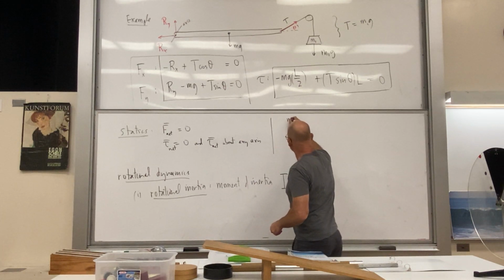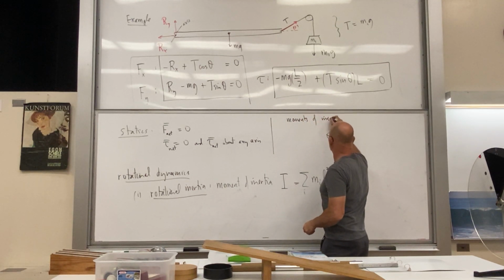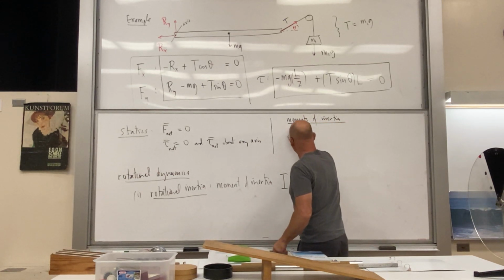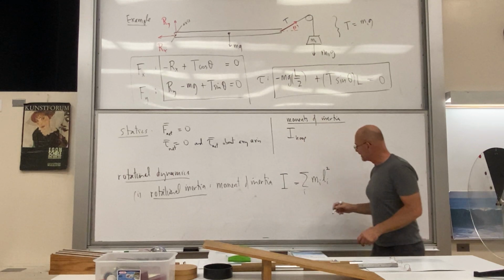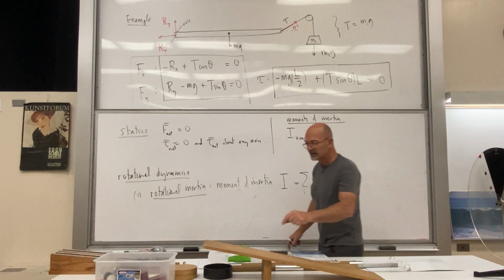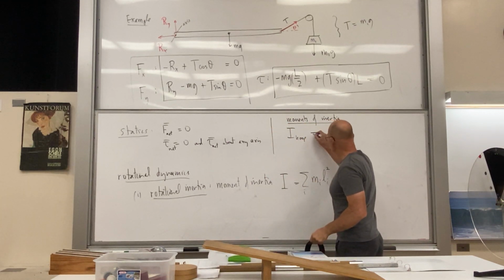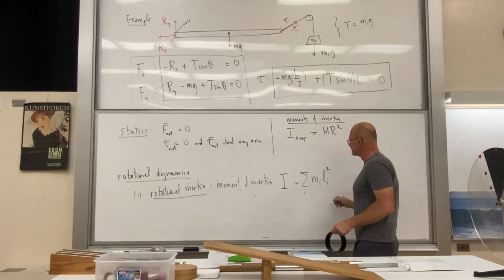So moments of inertia, I'm going to make a table right away. The simplest one is a hoop, because all of the masses are the same distance away from the center, namely the radius of the hoop. So this one we can immediately write down the moment of inertia as mr squared.